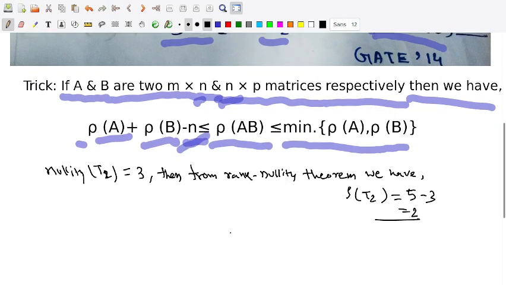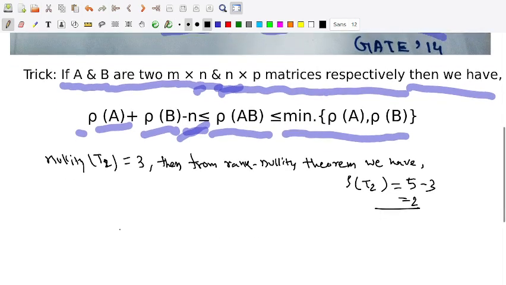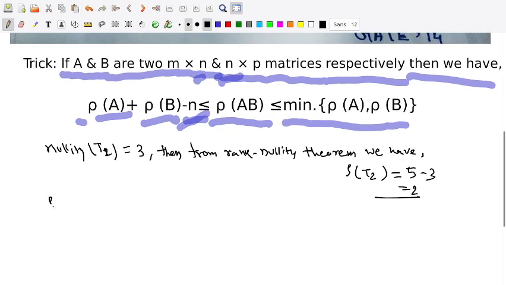Now let's apply this beautiful trick, which is rank of T3 plus rank of T1 minus n. Here n is nothing but, T3 is 3 by 3 and T1 is 3 by 5. A linear transformation is a matrix. We know that, so it is basic knowledge.